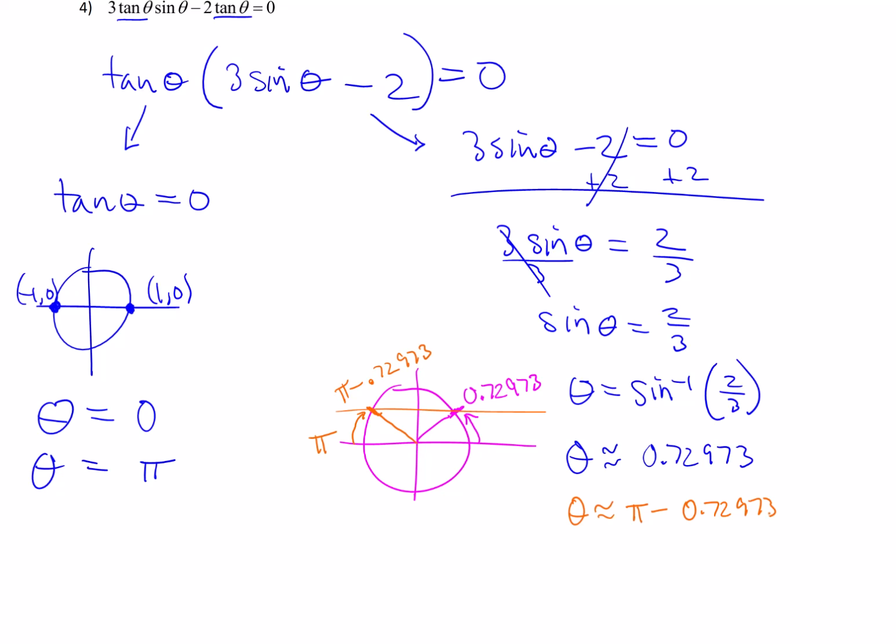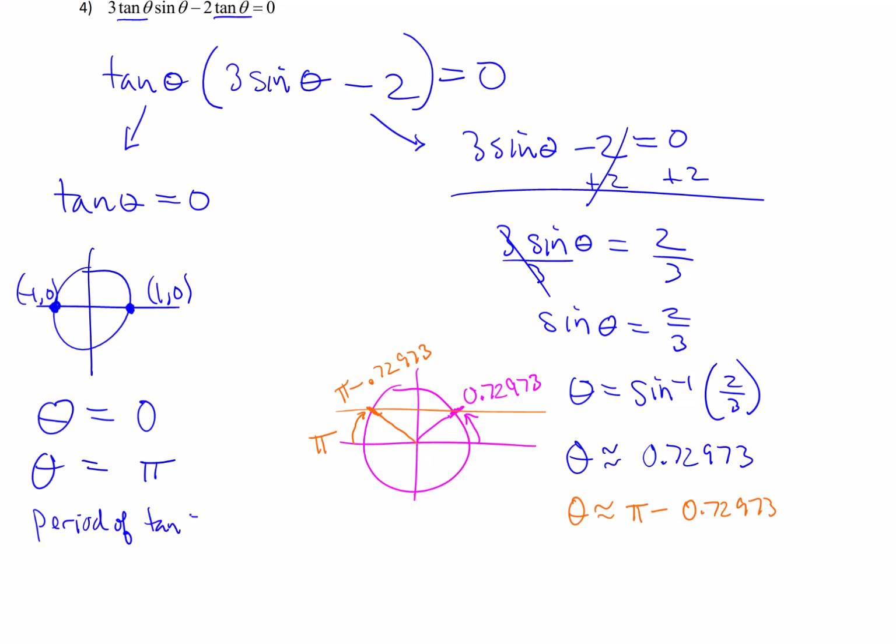Now, as we've been doing, you want to account for all the solutions, so we have to now get into the periodic nature to describe the rest. We go back to the first set of solutions we got from our first branch. We got theta equals 0 or theta equals pi. Well, let's recall here that the period of tangent is pi.